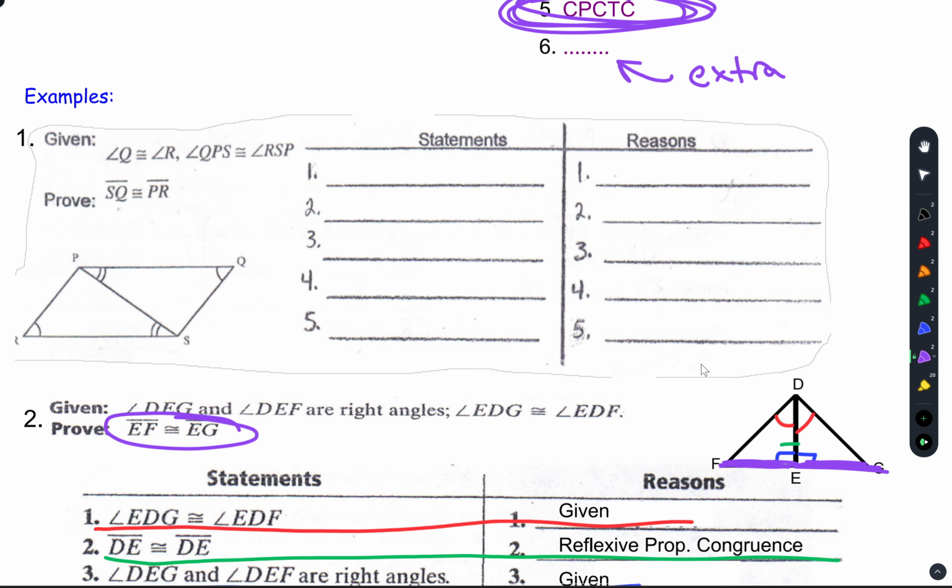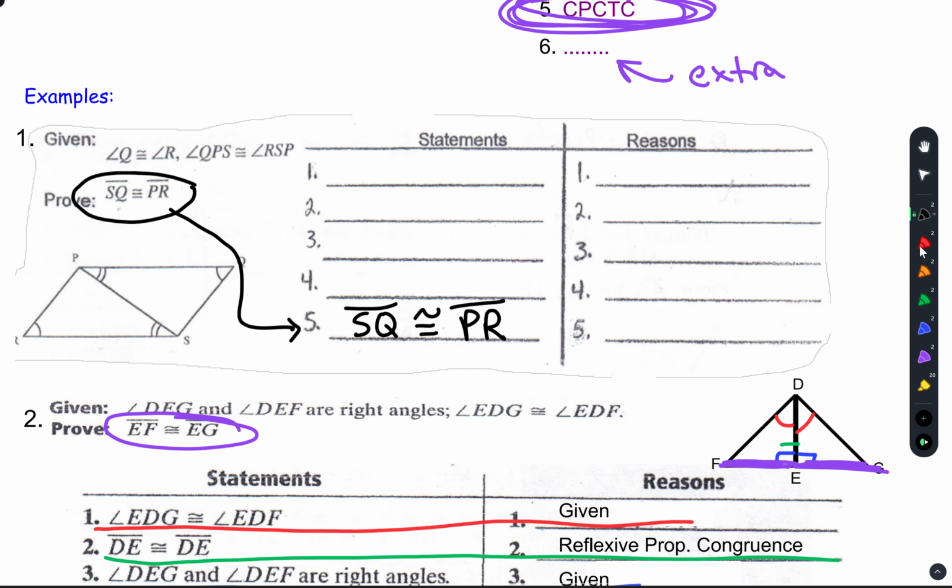Okay, so let's look at number 1. I'm going to take my proof statement. Look at that proof statement. It looks different now. I'm going to put it at the end. I'm not going to hedge my bets and say that it's going to be CPCTC because sometimes it's not.